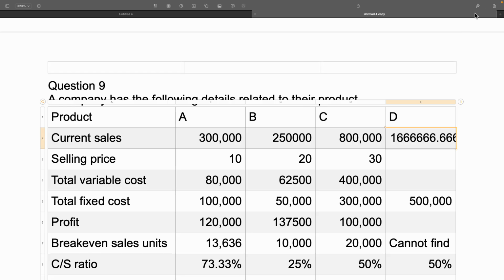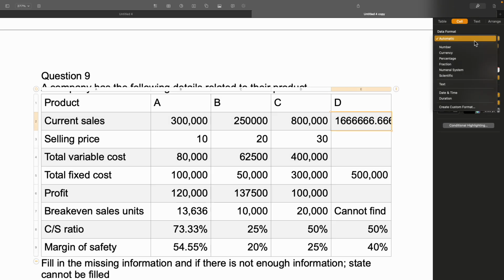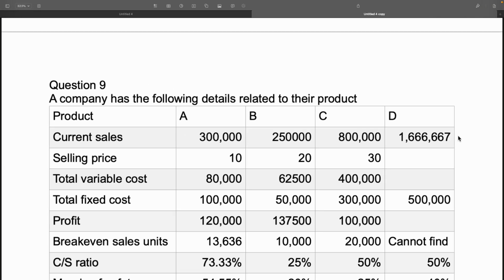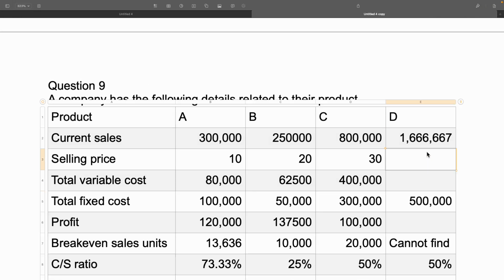So here, current sales should be 1,666,666,000. Then we don't know the selling price. You can get the variable cost.